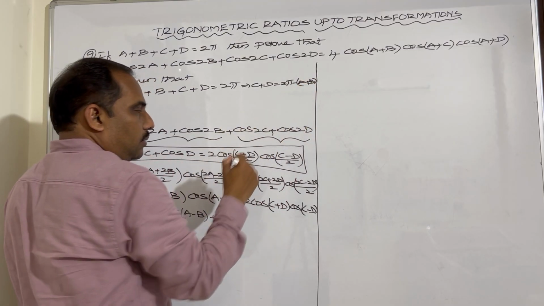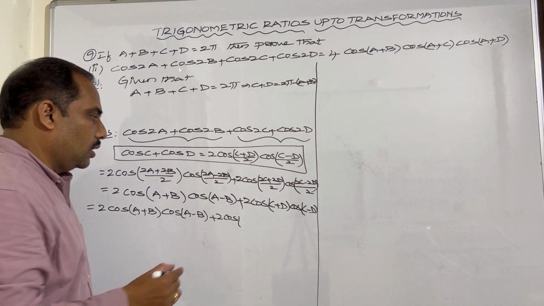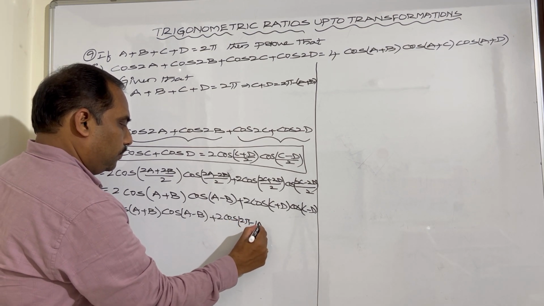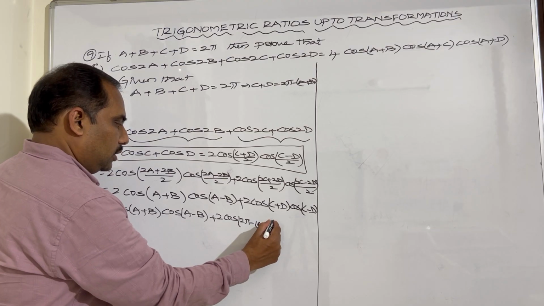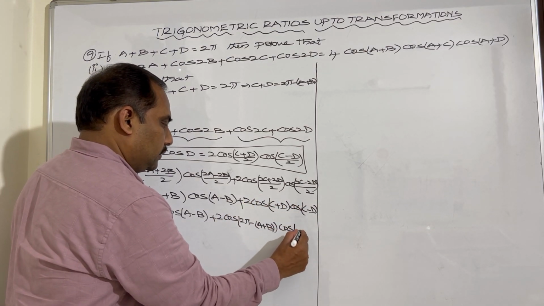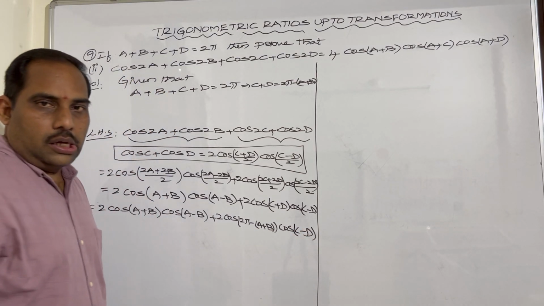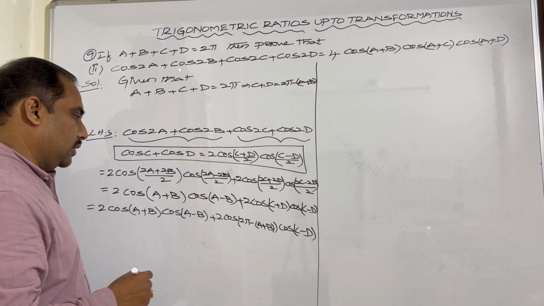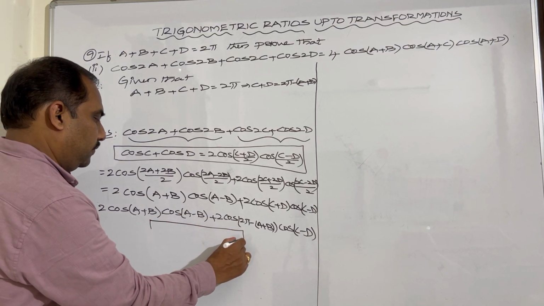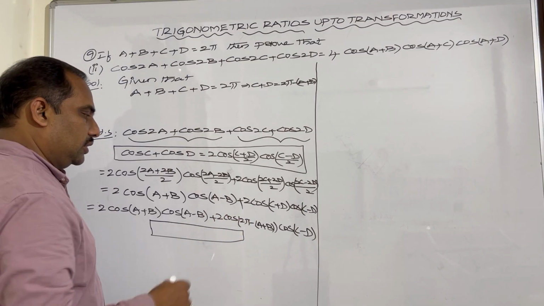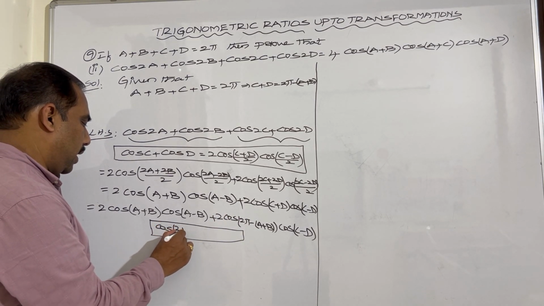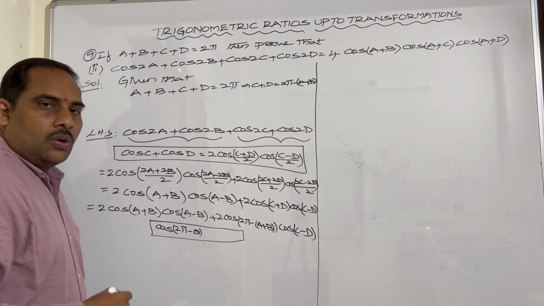That is why c plus d is replaced by 2 pi minus of a plus b, and cos of c minus d is written as it is. Now it is in the form of cos of 2 pi minus theta, which belongs to the fourth quadrant.